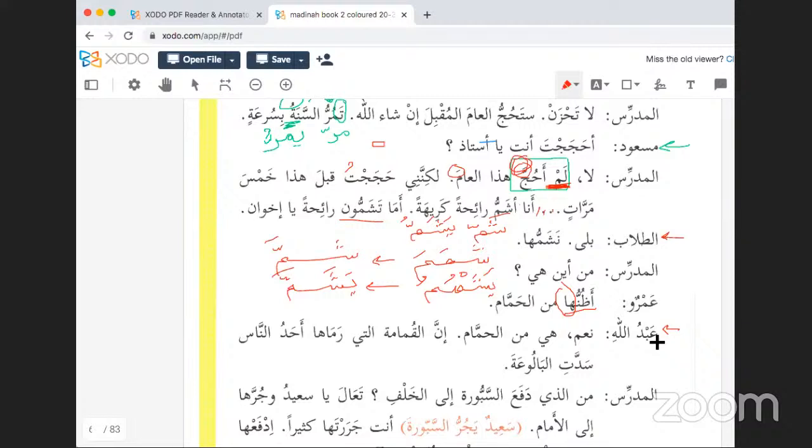So the student Abdullah confirmed what Amr said. He said, hiya min al-hammami. It is from the bathroom. إن القمامة التي رماها أحد الناس. The trash or the rubbish or the waste. قمامة, waste. رماها is the فعل. أحد, this is the فاعل of رمى.